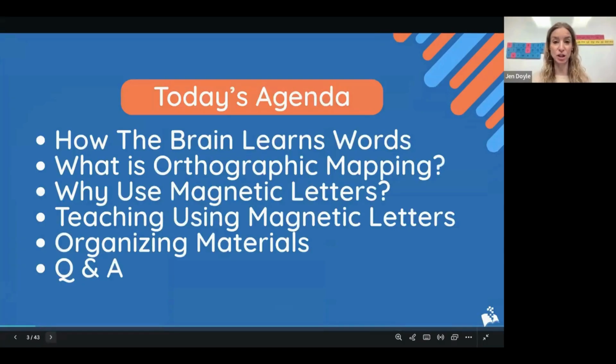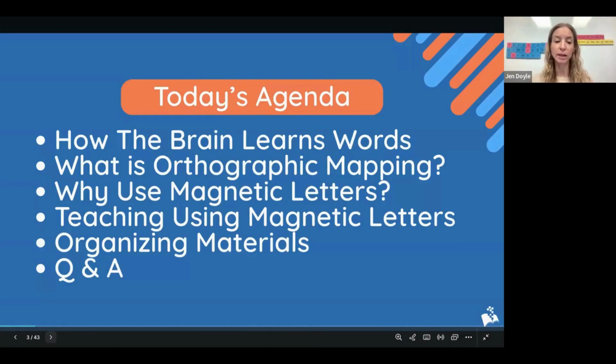So here is our agenda for today. We will be talking all about how the brain learns words. And this is really important to understand because we want to understand the science behind the brain, and that way we can implement best practice in the classroom. Then we'll talk all about what is orthographic mapping? What is this process? And then we'll look at why we use magnetic letters and then how we use magnetic letters.